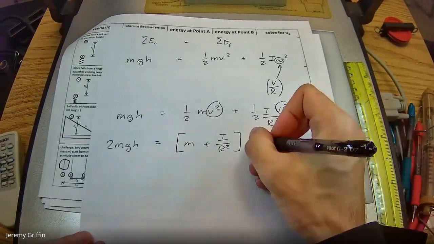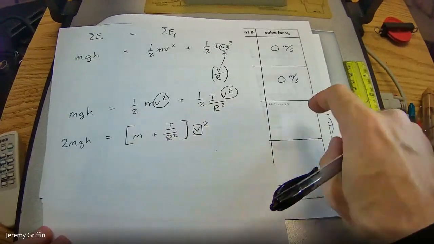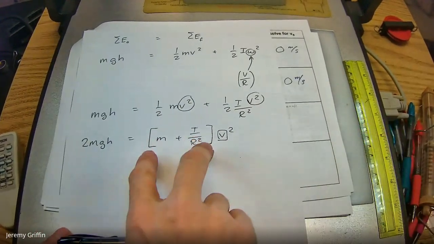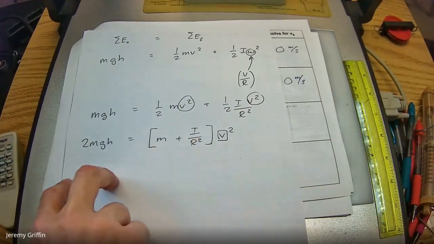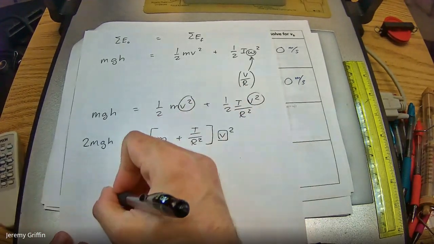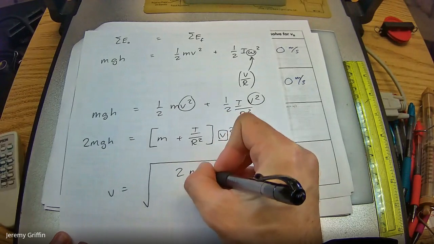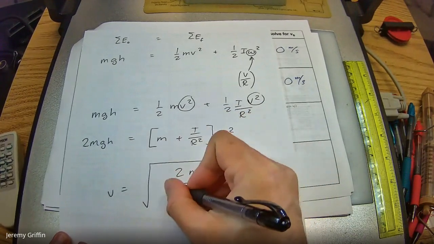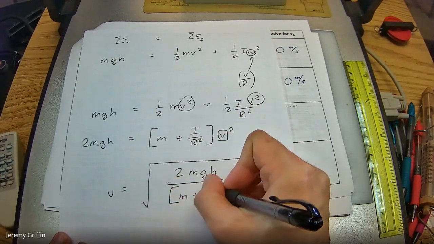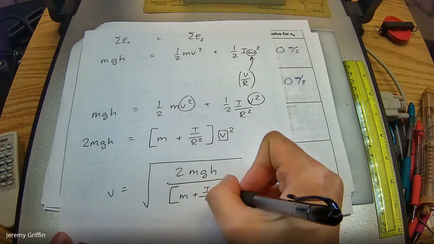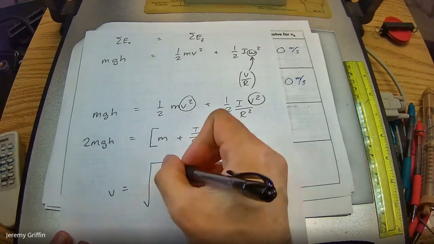And then if you want to solve for that v, because that's the question, what's the speed of point v? I'm just going to take the bracket of this stuff, divide it down, and then take the square root. So v is going to be a big old square root of 2mgh divided by the bracketed stuff.